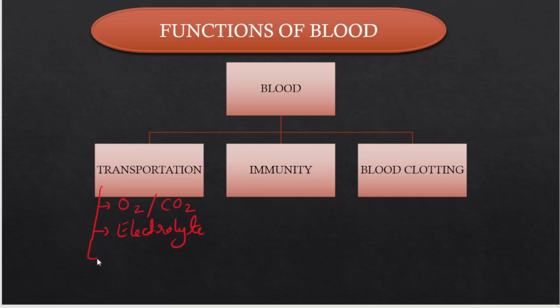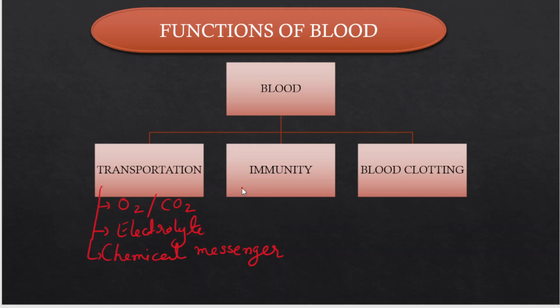Also, it transports the chemical messengers. Chemical messengers can be hormones, neurotransmitters, everything which has to be transported in our body will be transported through the blood. So this provides a transportation means to our body.